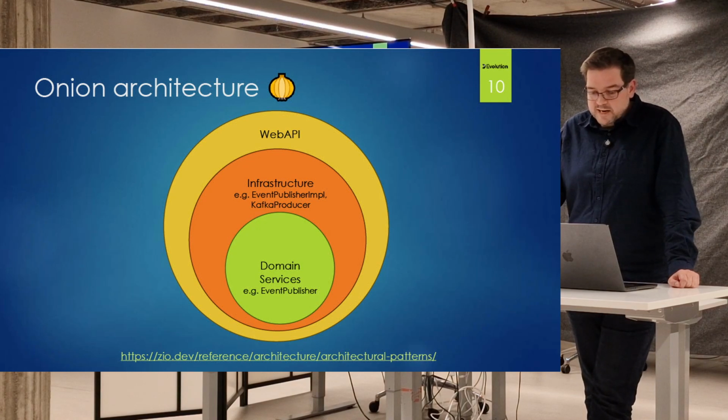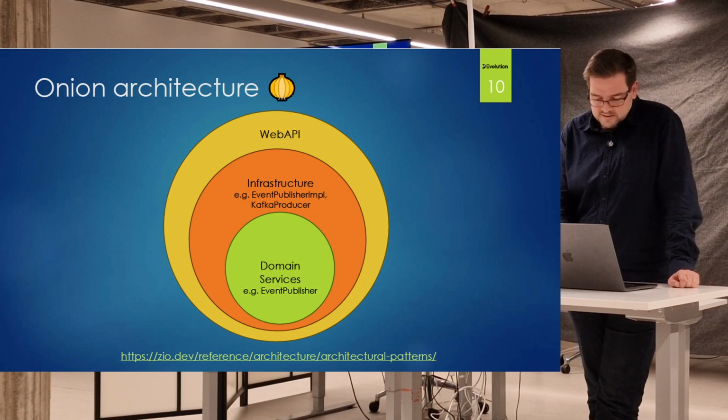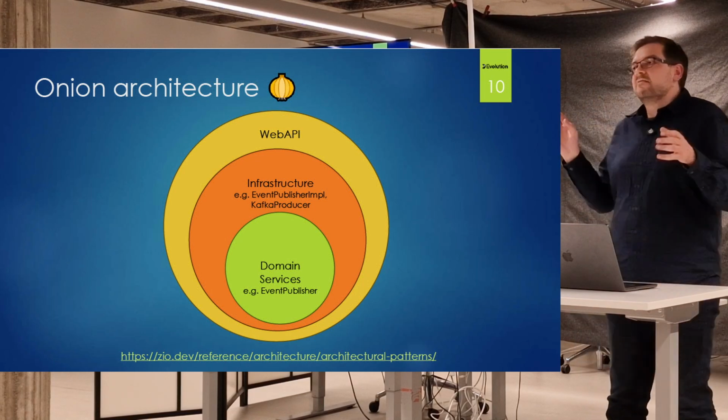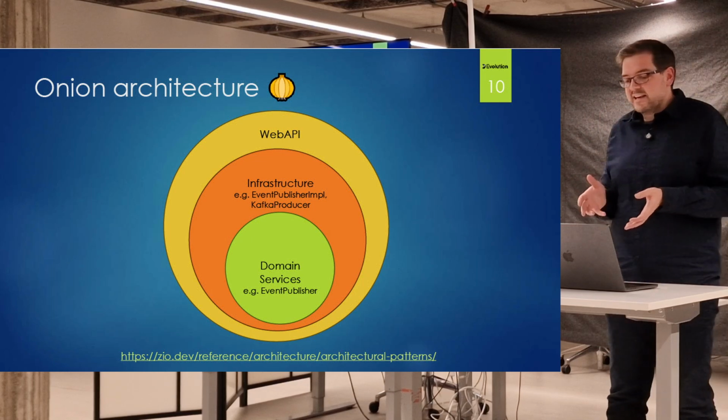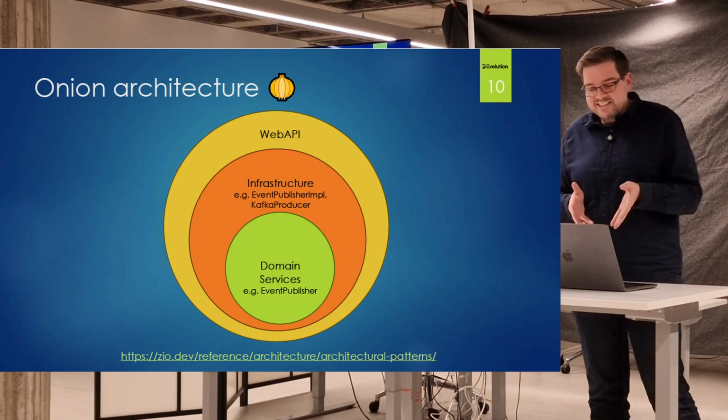So the domain services will be traits, and the infrastructure will be concrete things. Could be traits with implementations of the domain services. And then the web API or some kind of API will sit on top of that. And this architecture never makes sense with OOP. So I tried to make sense out of this. I tried to read books.